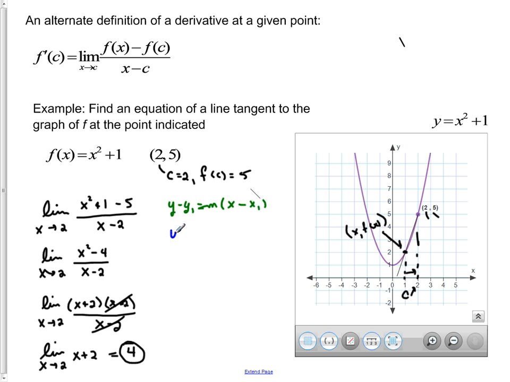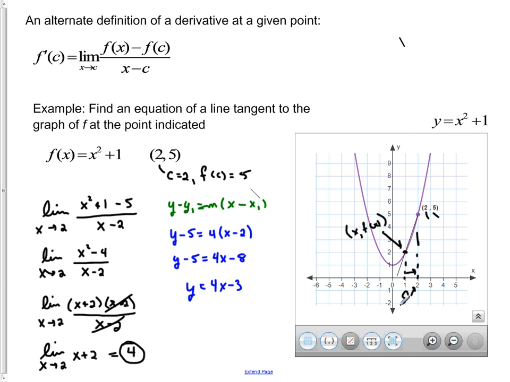We have y minus 5 is equal to our slope of 4 times x minus 2, which is our x value at our point, which becomes y minus 5 equals 4x minus 8. Adding 5 to both sides produces y is equal to 4x minus 3.